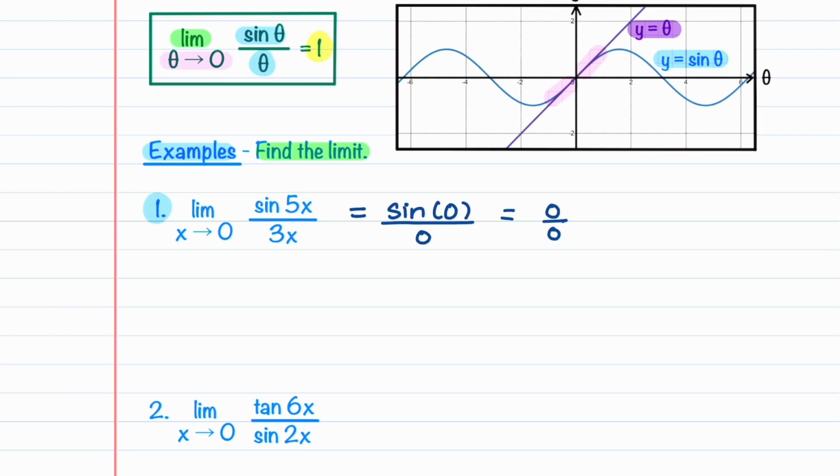When you're solving any limit that has a sine in it, you want to utilize the fact that the limit of sine theta over theta as theta goes to 0 is equal to 1. If we look at our limit, I want you to focus on the 5x right here. Think of the 5x as theta.